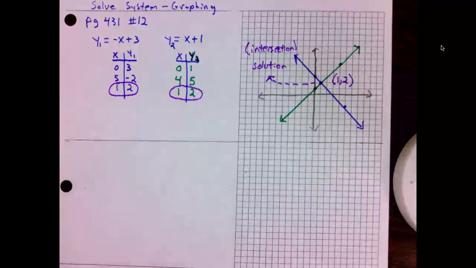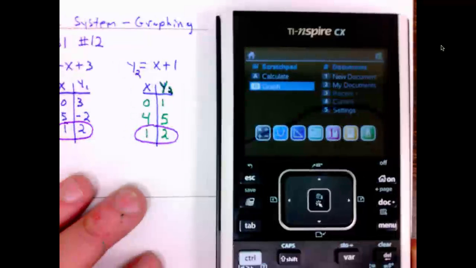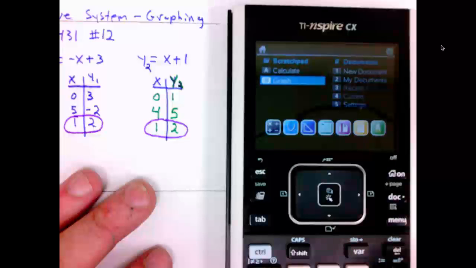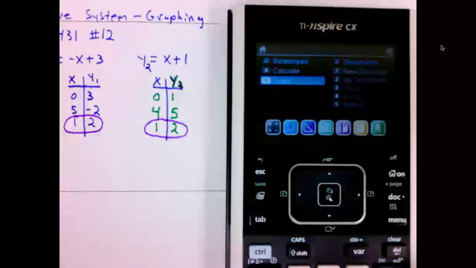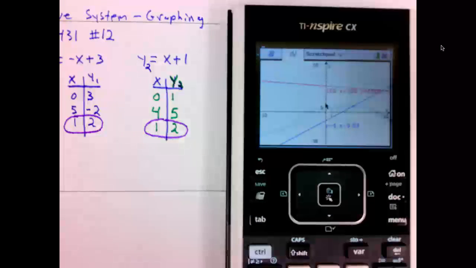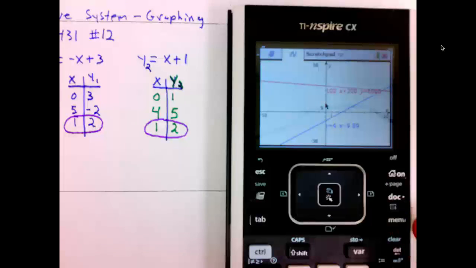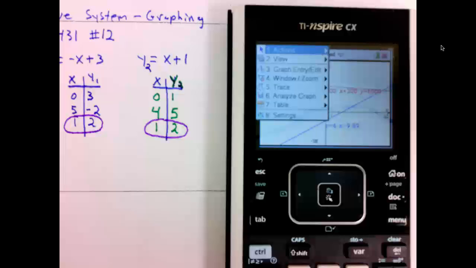Now we will show the calculator method that we saw earlier in class. We will go B for graph, selection B. I have some equations in here already. I'm going to eliminate those.